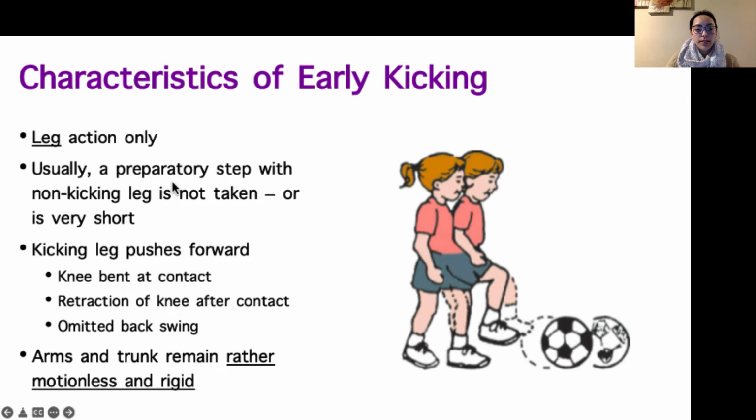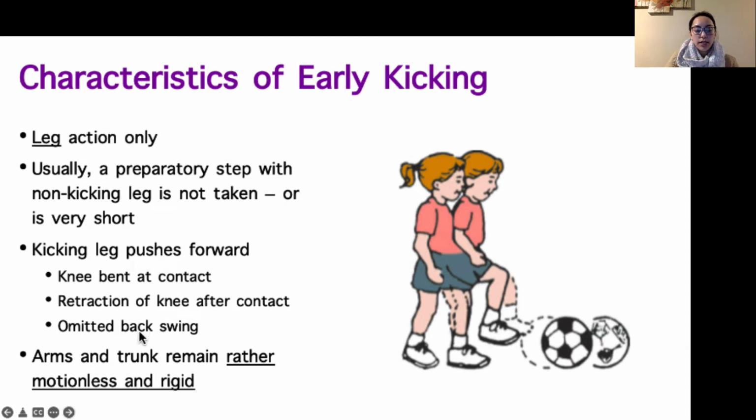Usually a preparatory step with the non-kicking leg is not taken, or it might be taken but it's very short. The kicking leg, in this image it's this leg here, is pushed forward with the knee bent at contact with the ball. Sometimes there's also a retraction of the knee after contact, so that it might kick and then flex back into the body a little bit.